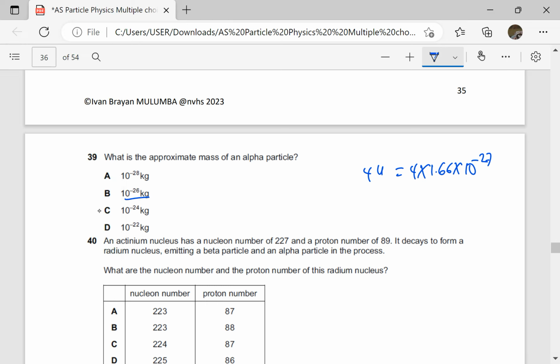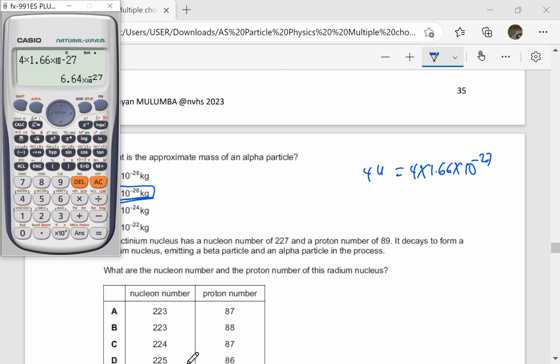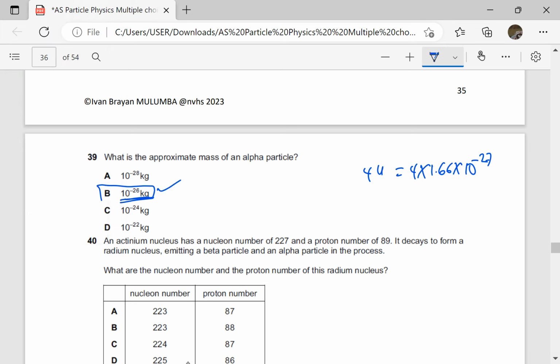So this is most likely going to be this one here. Let me repeat, 4 times 1.66 times 10 power negative 27. Yeah, this is most likely going to be this. It can be slightly greater than 1.6 times 10 power negative 27. Okay.